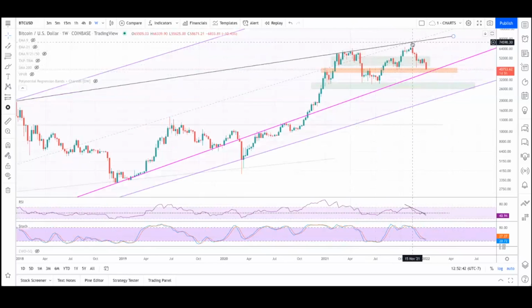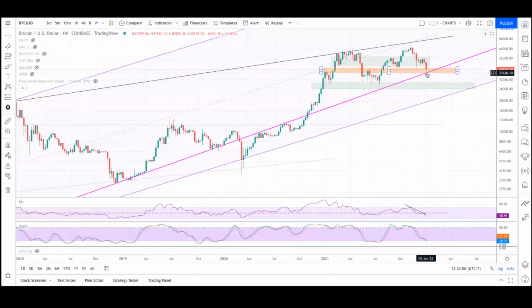So I'm looking for my first bounce opportunity right here at this area that I highlighted long ago with this trend line. That would be about 37 something. And it can undercut the line.